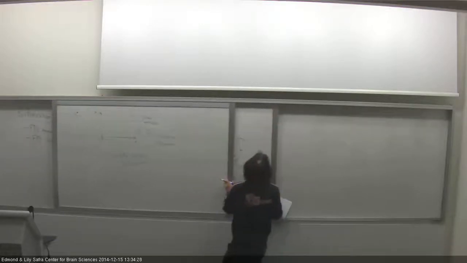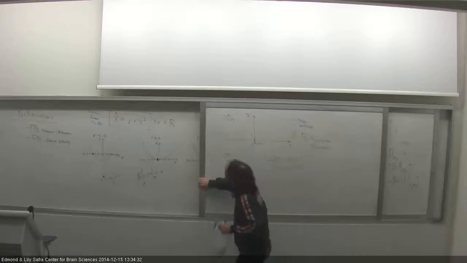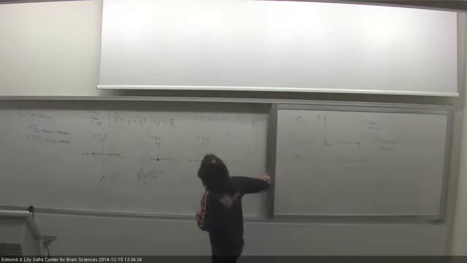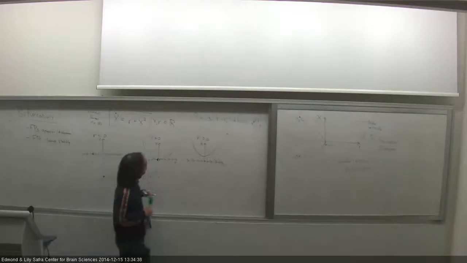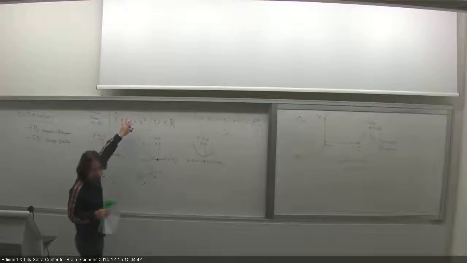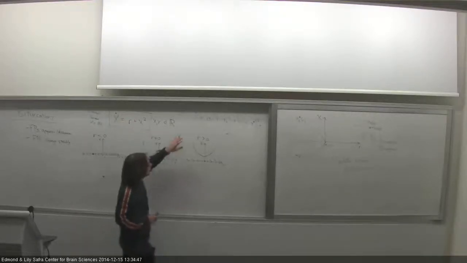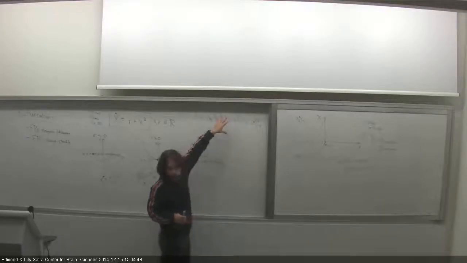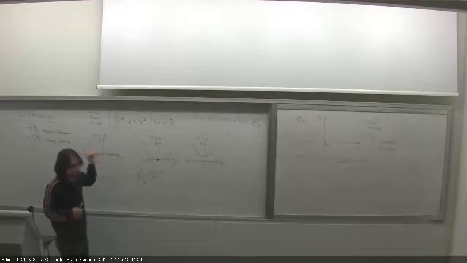Any function that is not this, it might be a complex expression, might be brought to this form around its bifurcation point if it's a saddle node bifurcation.